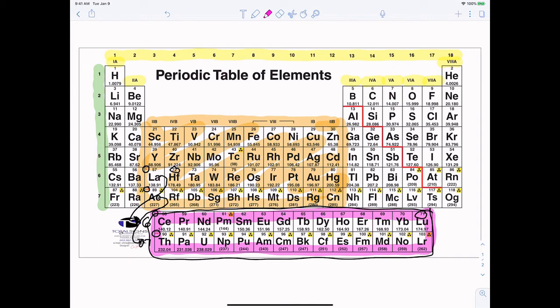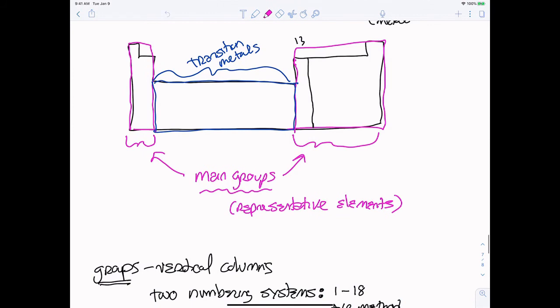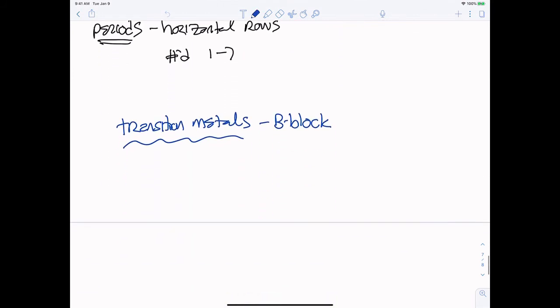I'll go back and write that on the notes in a minute. But the way that I remember it is, remember we said they fit in here? So they're called inner transition metals, and they fit inner the transition metals, right? If I was to cut this open and expand it, they fit in there. That's how I remember the name. So inner transition metals.